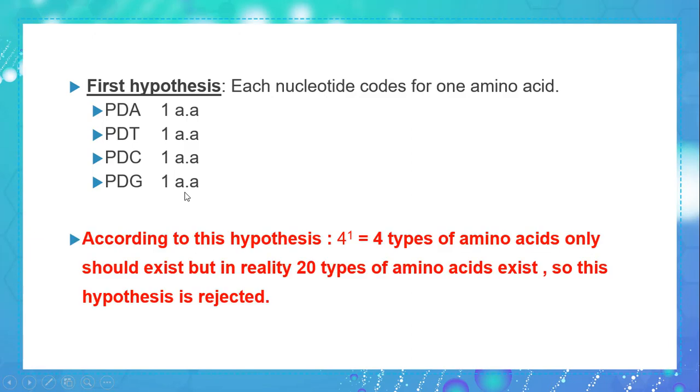But in this case, we get only 4 types of amino acids, coded by the 4 different types of nucleotides. That is, according to this hypothesis, if we apply the rule 4 to the power n, n corresponding to the number of nucleotides involved to get an amino acid, we get only 4 types of amino acids. But in reality, we have 20 types of amino acids. So this hypothesis is rejected.